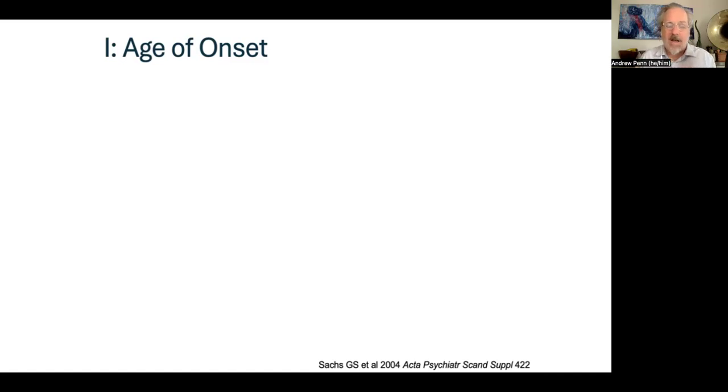This is an NIMH study based on real-life patients, trying to improve the treatment and diagnosis of bipolar disorder. The researcher Gary Sachs came up with this scale, and I want you to think of it loosely. It is not a highly validated scale with strong psychometrics, but it helps you think probabilistically.